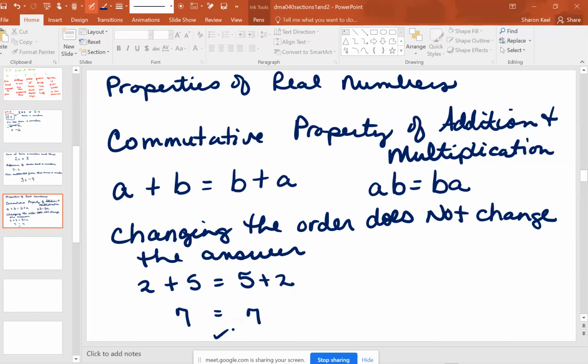We can change the order. If it's multiplication, we might have 5 times 4, or we could write 4 times 5. 5 times 4 is 20. 4 times 5 is 20. It gives me the same value. So that's the commutative property, is that you can change the order of something if they're being added or multiplied, and you'll get the same solution. Does not apply to division and subtraction, only addition and multiplication.